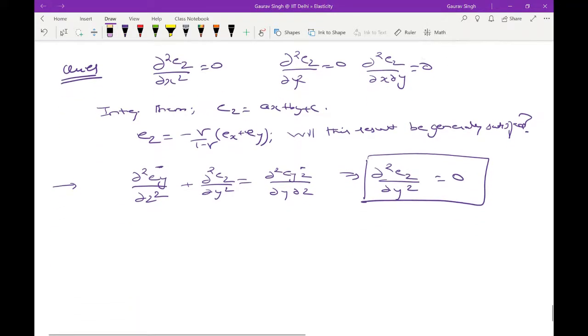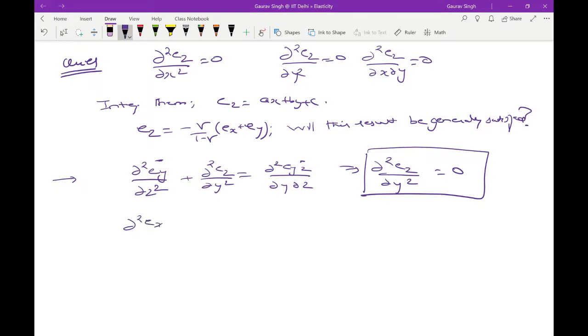Let's see, ∂²Ex/∂x² plus ∂²Ex/∂z². Is this the one? Let me check. So there's a 2, I think.